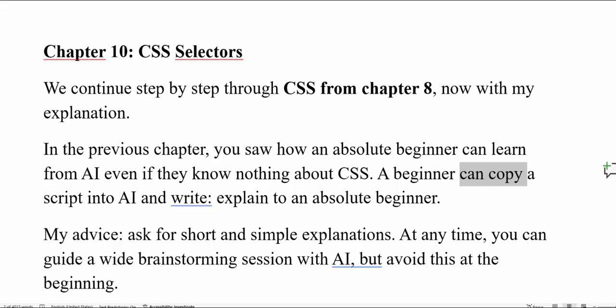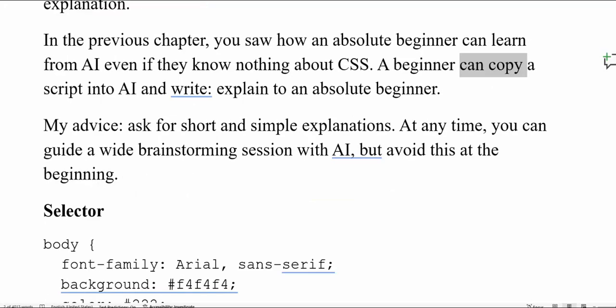But also, he can type in a Notepad text editor, and copy what he typed to ChatGPT or another AI, and ask, explain to an absolute beginner. And my advice, ask for a short and simple explanation. At any time, you can guide a wide brainstorming session with AI, but avoid this at the beginning.